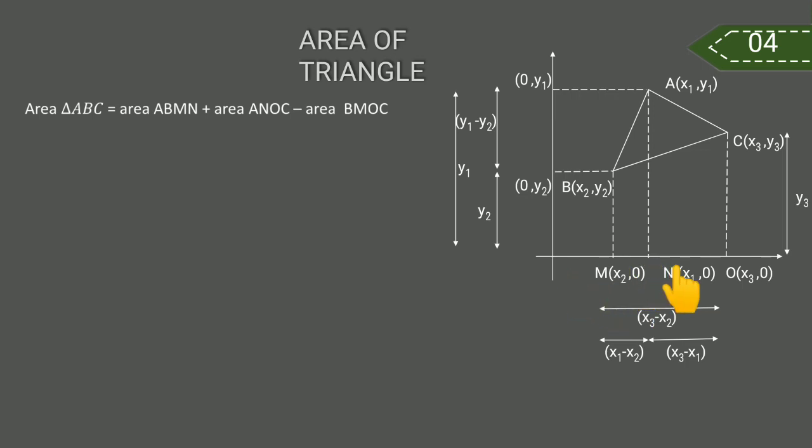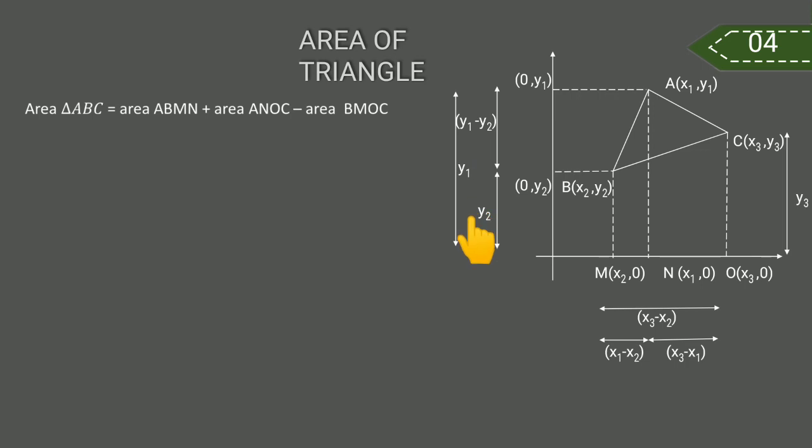So the distance between M and N is x1 minus x2. The parallel sides are BM and AN. The measure of BM is y2 and the measure of AN is y1.